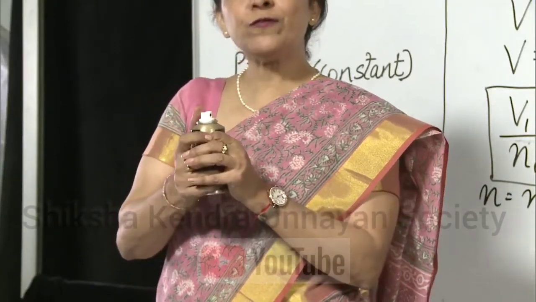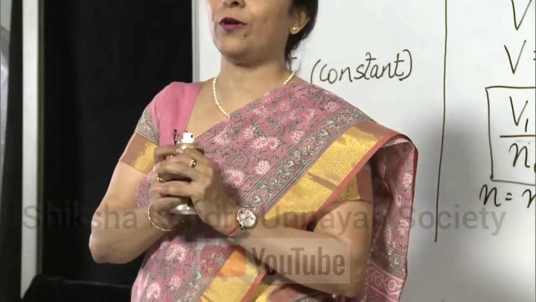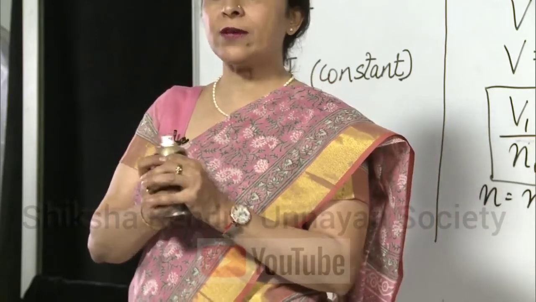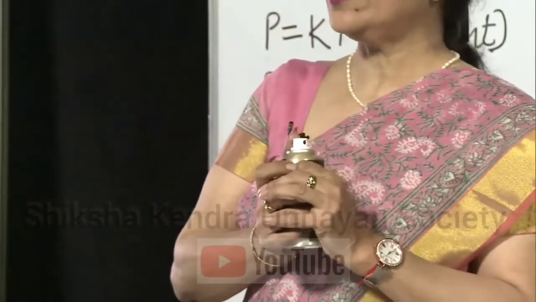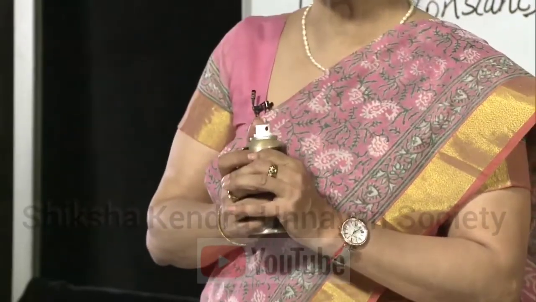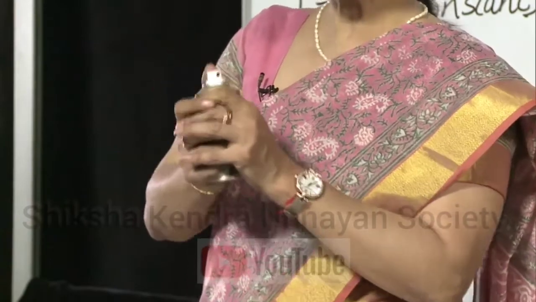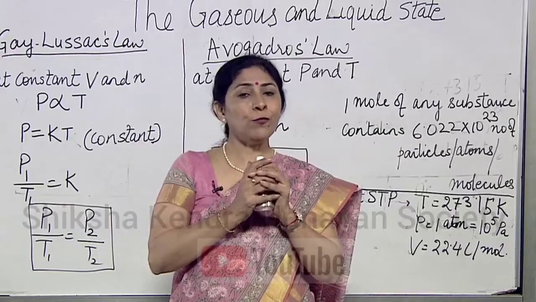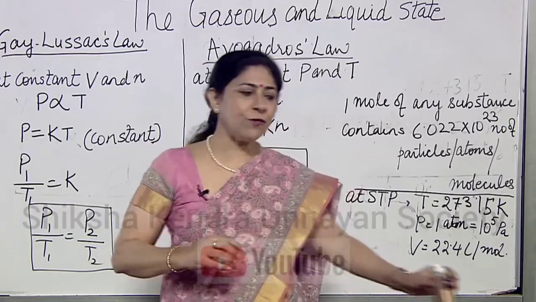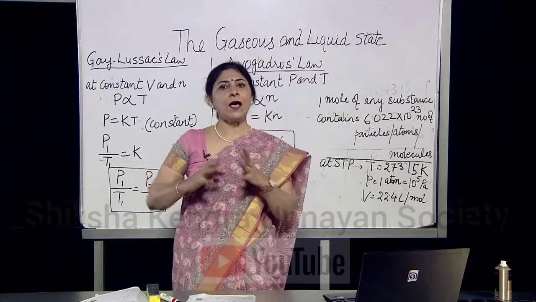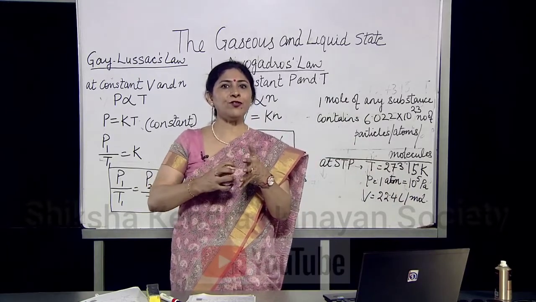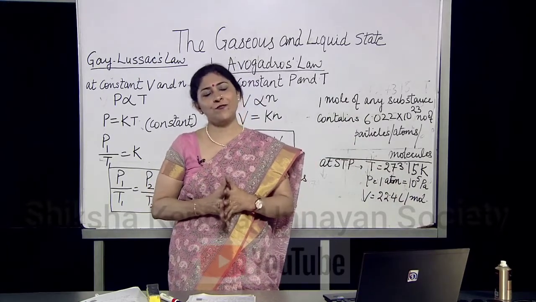Whenever you spray it in front of a flame, or if you bring one matchstick near the nozzle of that, what happens over there? If you have noticed, it catches fire. Why? Because when we are pressing it, the volume is constant, but the pressure which is there inside it gets released, and because of the higher temperature, immediately it catches fire.